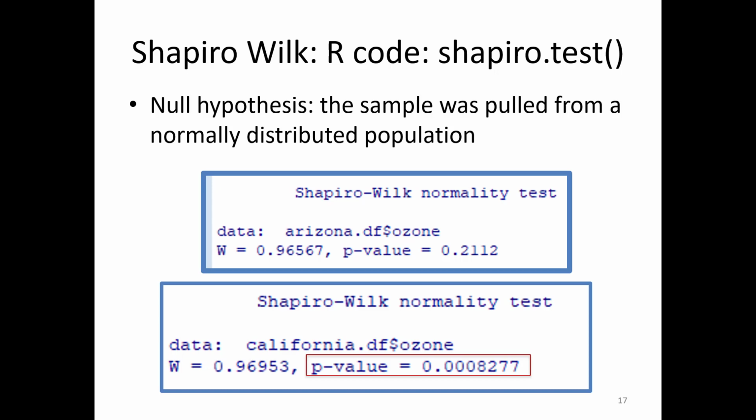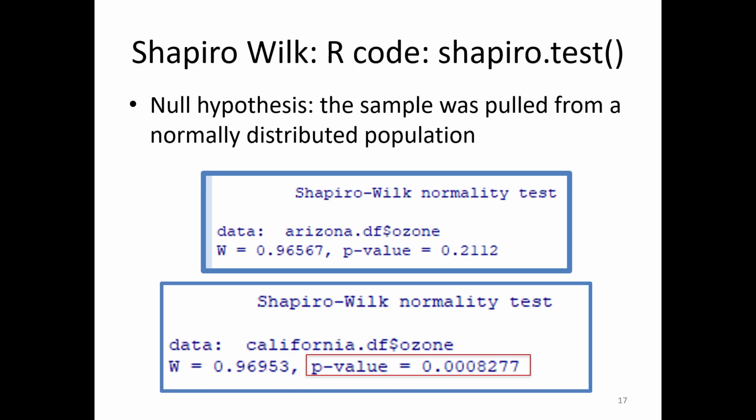And what are our results? You should know that for the Shapiro-Wilk test, the R code is shapiro.test. The null is the sample was pulled from a normally distributed population. Right? So we do not want to reject the null if we are to uphold the assumptions.